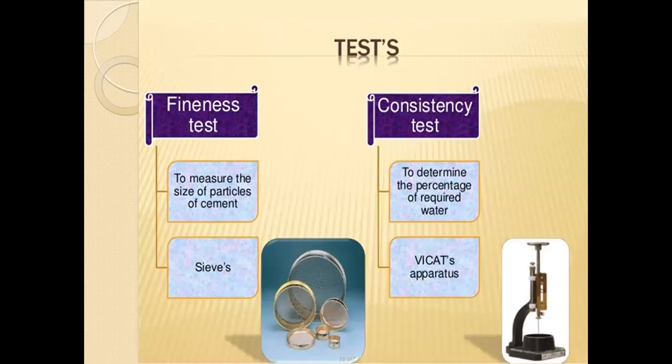Only one sieve, the 90 micron sieve, is required to check the fineness of the cement. Next is the consistency test, to determine the percentage of required water, and for this we use the Vicat apparatus. The Vicat apparatus is shown in the image.